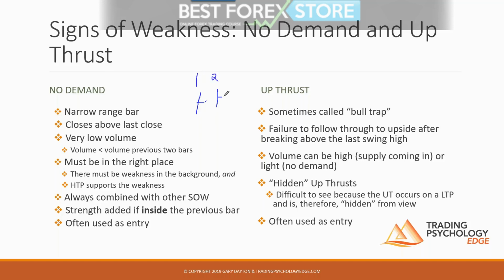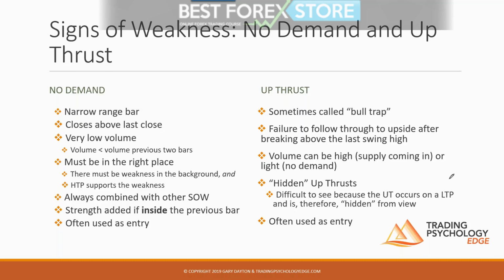We're concerned about bar 2's close, and bar 2's close is higher than bar 1's close. That's what we're looking for. We're looking for narrow range, not that wide spread that we see on those hourly bars. We're looking now for just the opposite of that, and not the volume that we saw. We're looking for low volume. And again, we tend to like to use the volume less than the previous two bars, but again, it's not rigid, right?